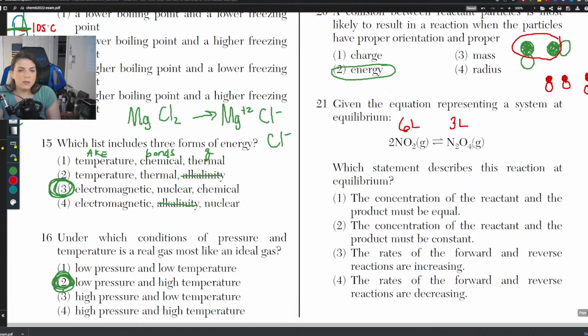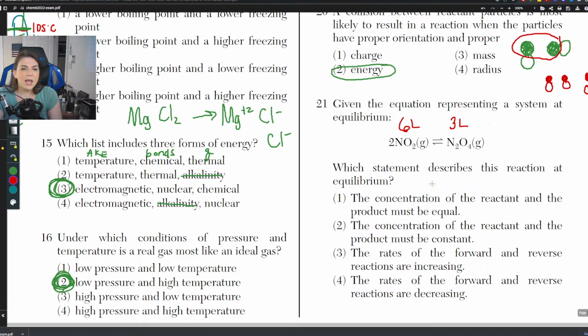That doesn't add up to 10. Okay, I'm in a 9-liter container. If these two arrows are equal, my rates are equal, then this 6 won't change and that 3 won't change. Those two numbers don't have to be equal to each other.